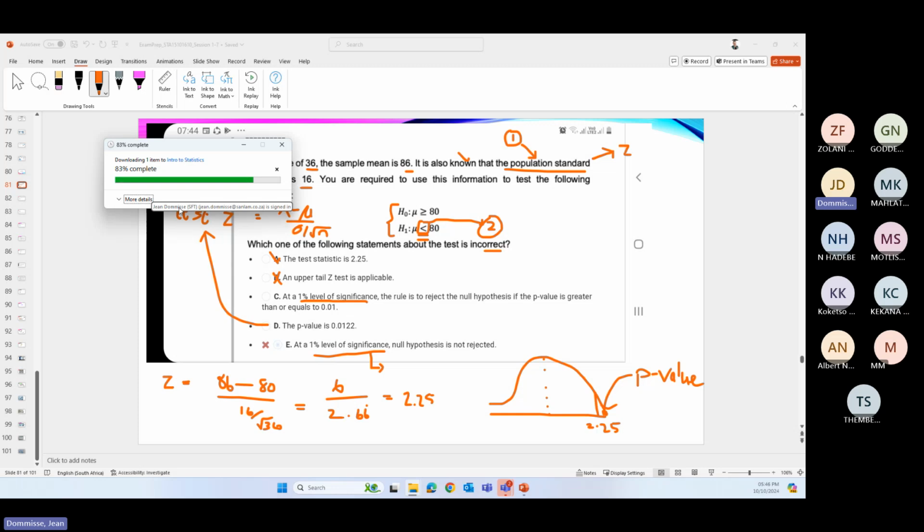The same with the level of significance, which goes together with a critical value. Those things I would partner up when I am looking at the solution. Let's see when this is finally downloaded. It is taking time. My network is very slow today.